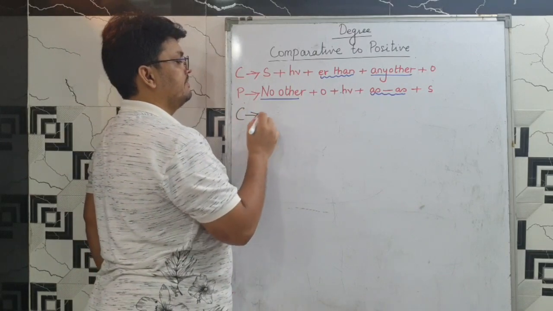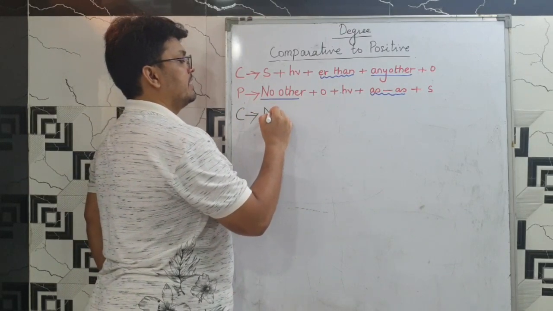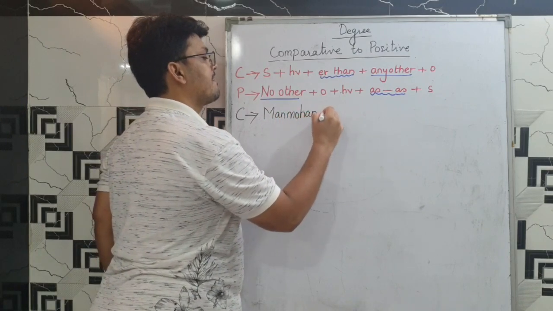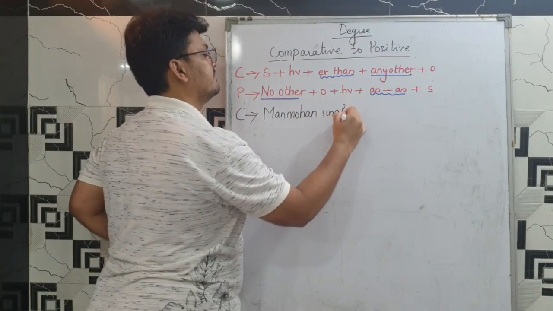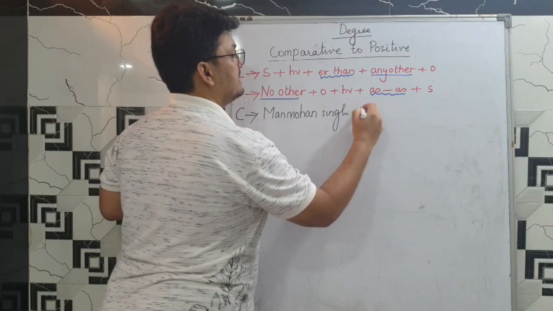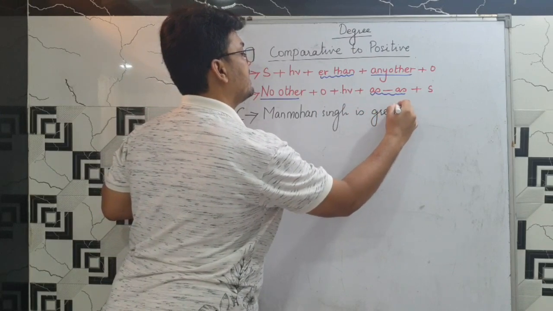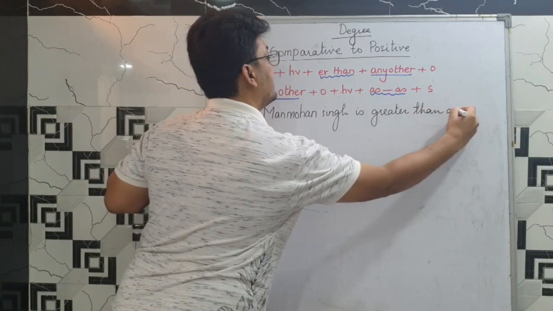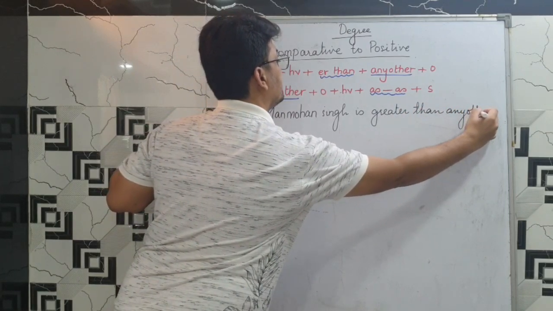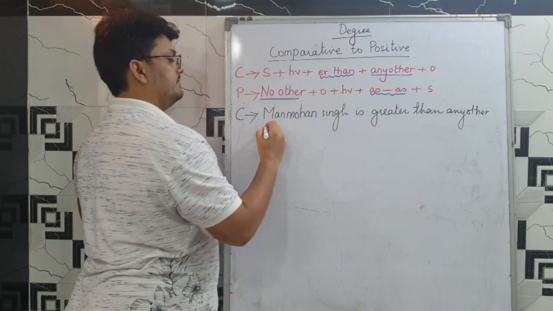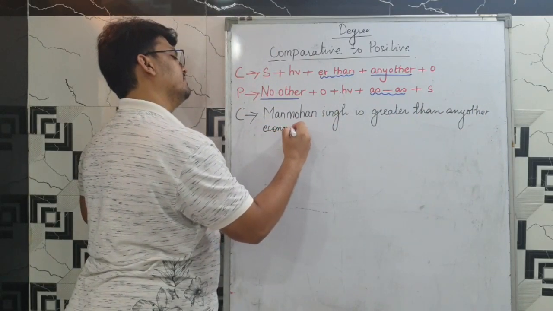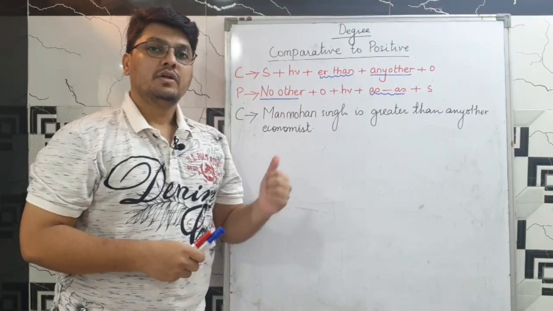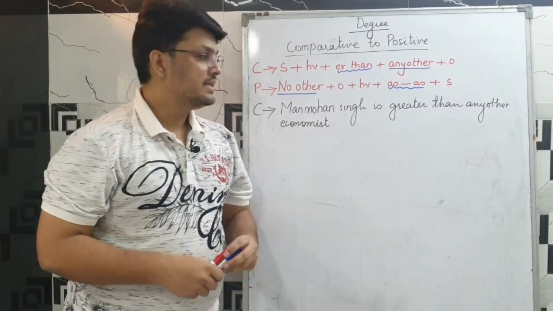Comparative: Manmohan Singh is greater than any other economist. Now we will analyze this sentence.